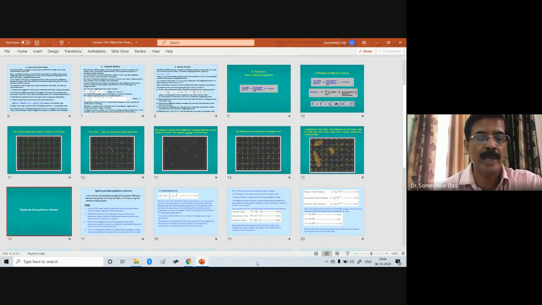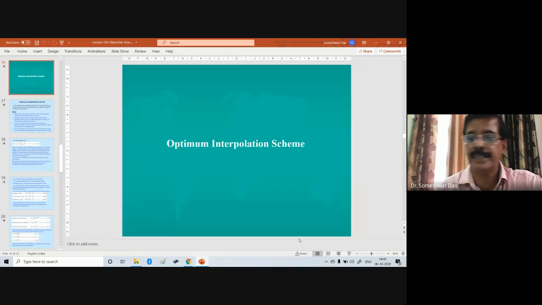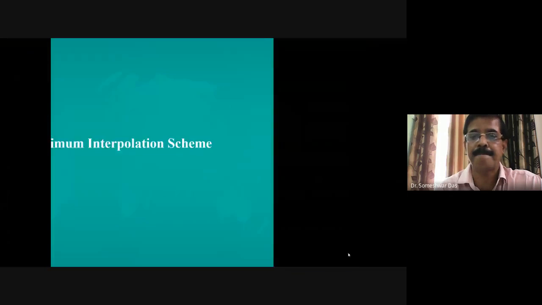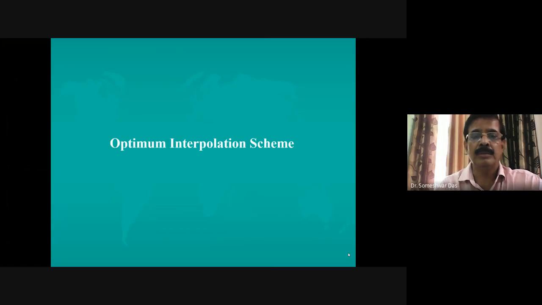We call it OI, or sometimes also the multiple optimum interpolation scheme, because it uses multiple observations and also multiple levels at the same time to optimize the result or to minimize the error. Okay, so the optimum interpolation scheme.